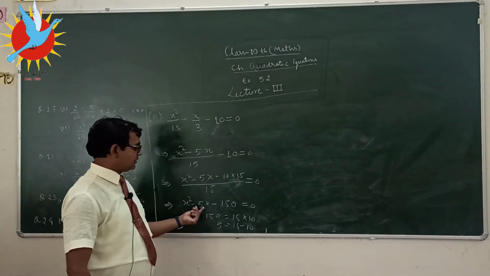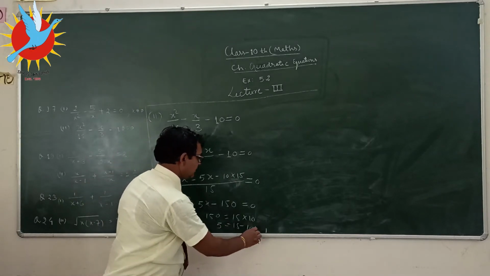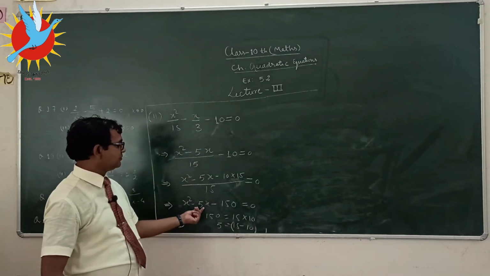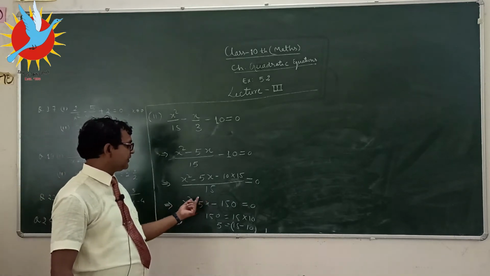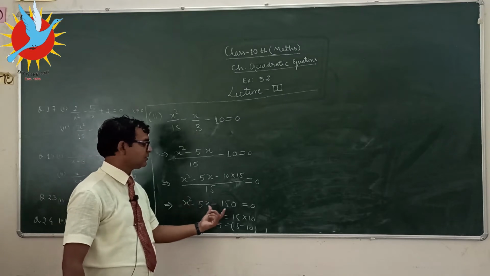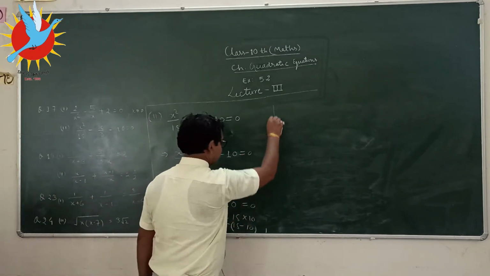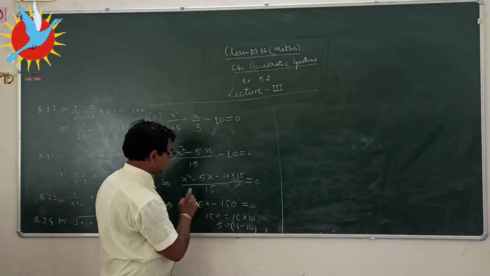So you have to write 15 minus 10 in place of 5, the coefficient of the middle term, so that we can split this middle term to factorize this quadratic polynomial. Now let us put 15 minus 10 at 5.